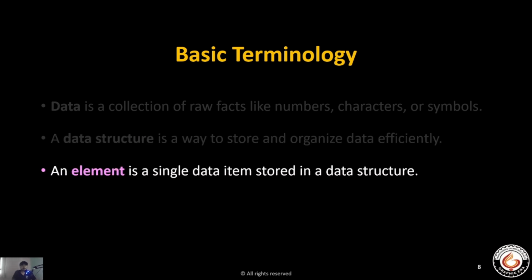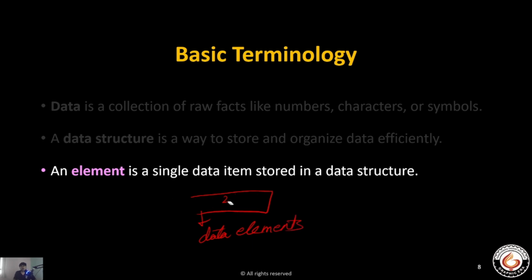Now we will learn about an element. What is an element? An element is a single data item stored in a data structure. For example, if you have an array A and it consists of three elements 1, 2, 3, then these 1, 2, 3 are the data elements.